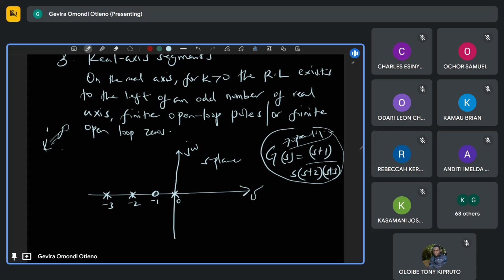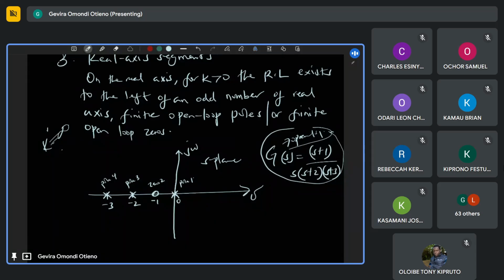It's either a pole or a zero, and in our case, it's a pole. So this is number 1. This is a zero, but it is number 2. This is a pole, but it is number 3. This is a pole, but it is number 4. So we are not saying this is the first zero. No. We are considering both poles and zeros. As long as they lie on the real axis, we give them numbers 1, 2, 3, 4 in our case.